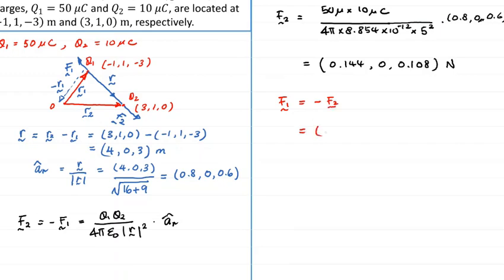That will be minus 0.144, 0, minus 0.108 Newton. So this is the solution to question 1.